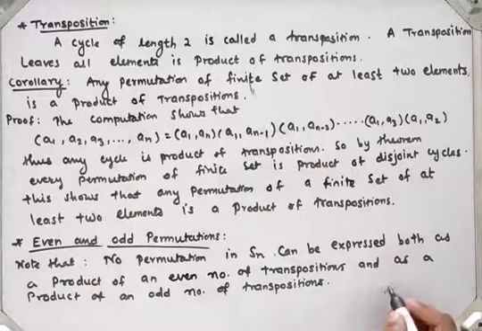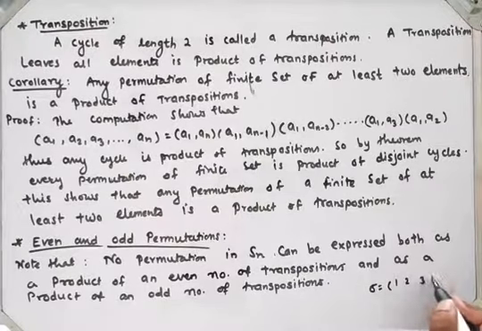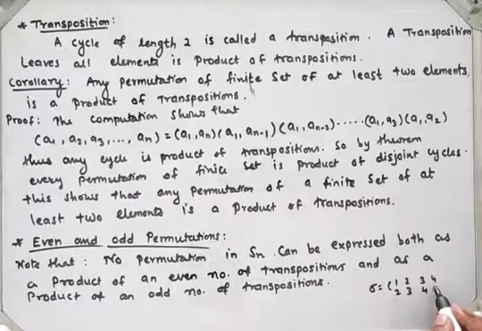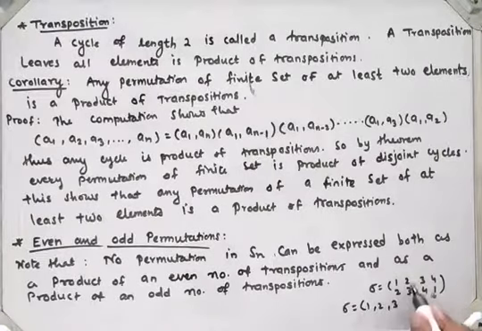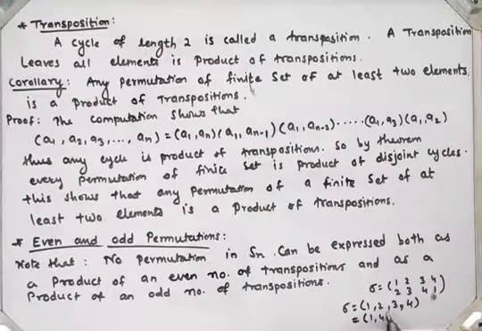Suppose we have a permutation sigma: 1 goes to 2, 2 goes to 3, 3 goes to 4, 4 goes to 1. So this can be written as a product of cycles, and this cycle can be written as a product of transpositions: (1 4)(1 3)(1 2).